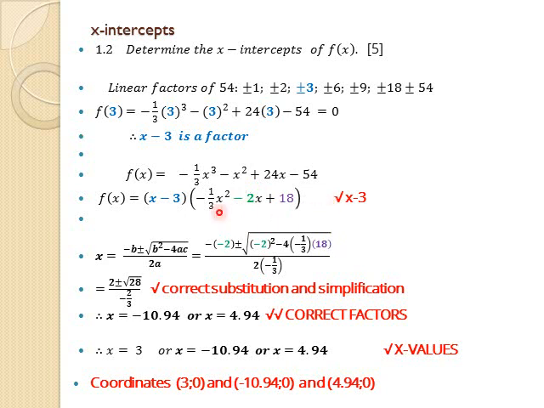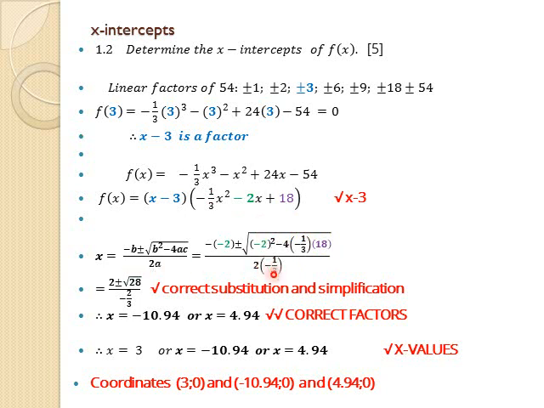That part there we'll have to factorize via the quadratic equation. So x equals minus b plus or minus the square root of b squared minus 4ac over 2a. My b value there is negative 2, my a value is minus 1 over 3, and my c value is 18.